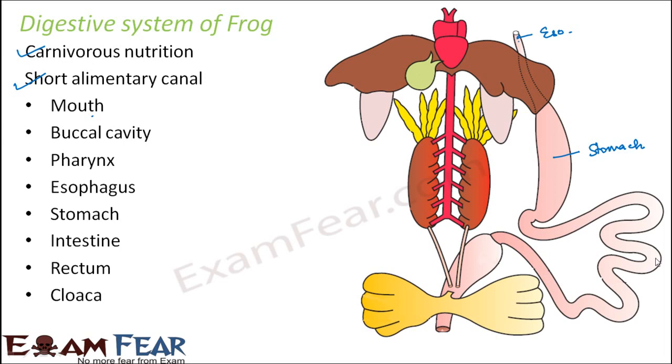And then the stomach gets into this intestine. And the intestine finally gets into the rectum. This portion is the rectum. And finally to the cloacal aperture. So this is your digestive system.